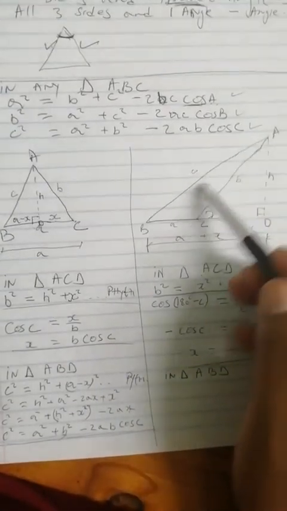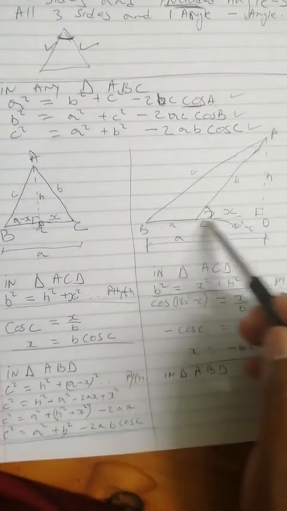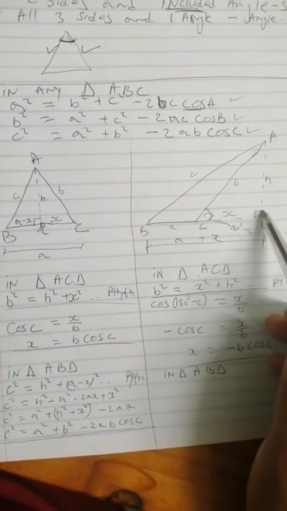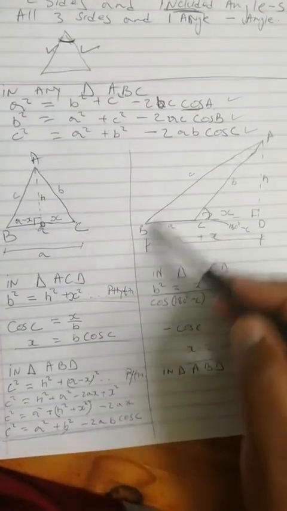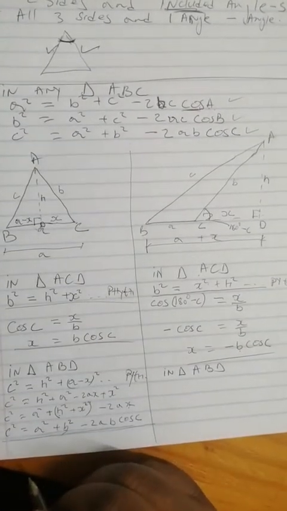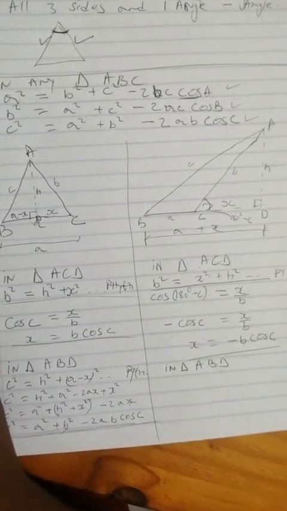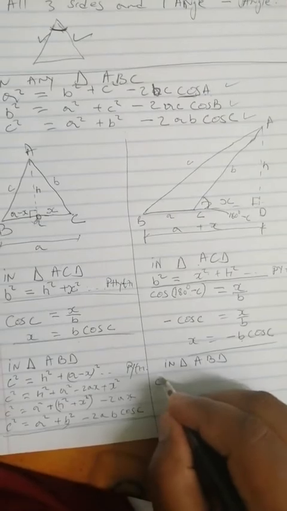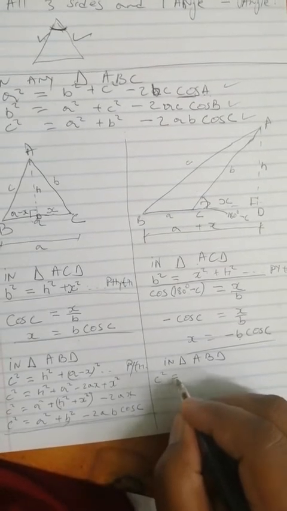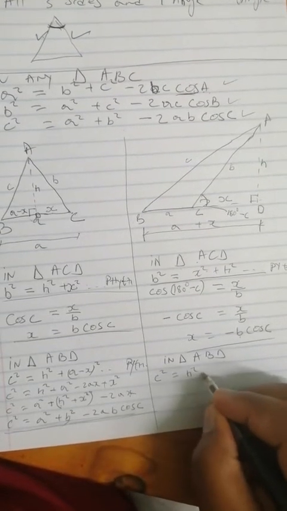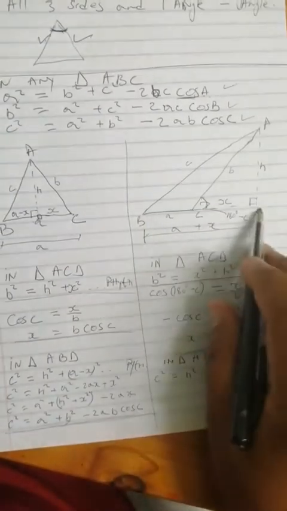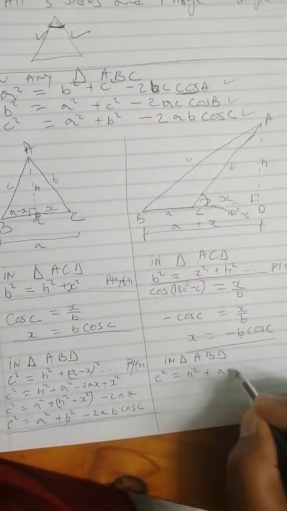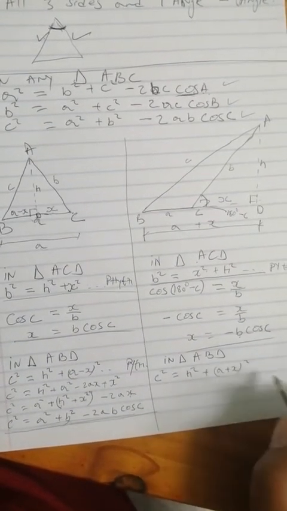You can see that it is also a right angled triangle, and this is the hypotenuse. Let us do Pythagoras theorem for the big triangle. So C squared equals H squared plus, remember the big side is A plus X, all squared.